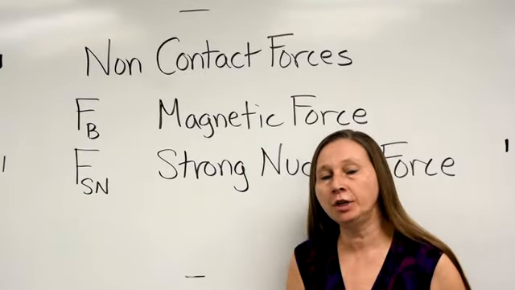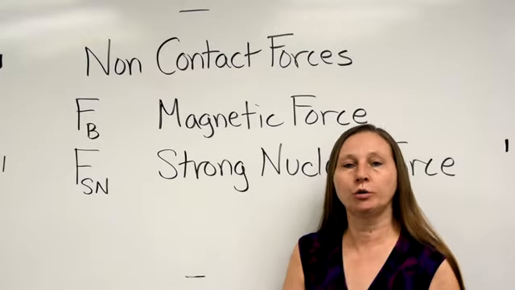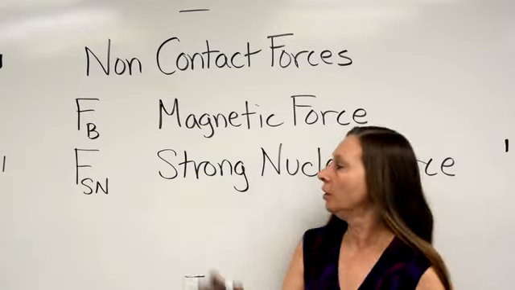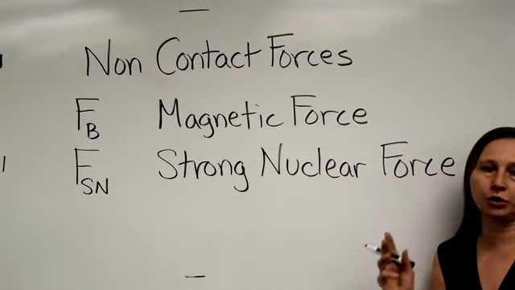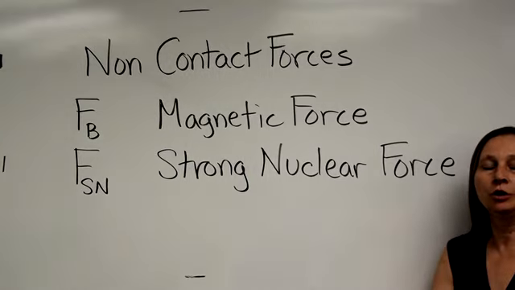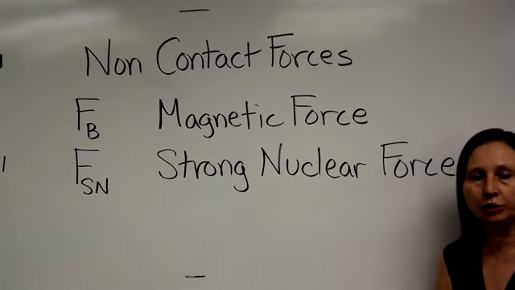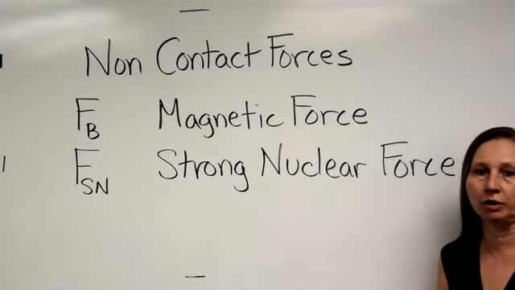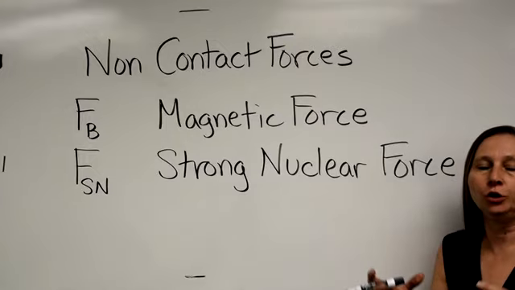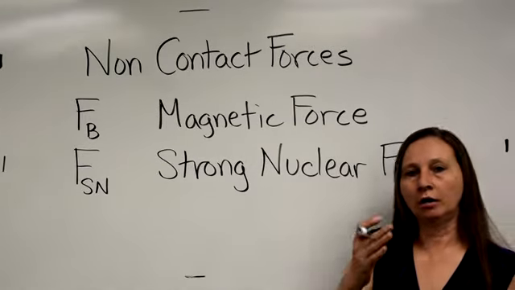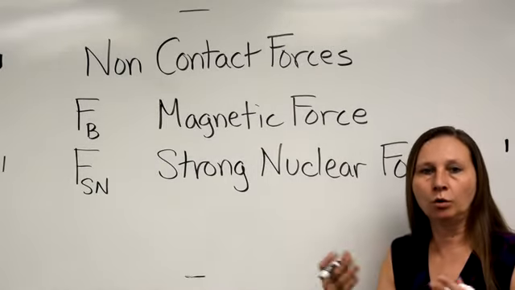And since protons and neutrons are both made out of quarks, the strong nuclear force holds protons to protons, protons to neutrons, and neutrons to neutrons. It holds all nuclei together that are a proton and a neutron or larger.